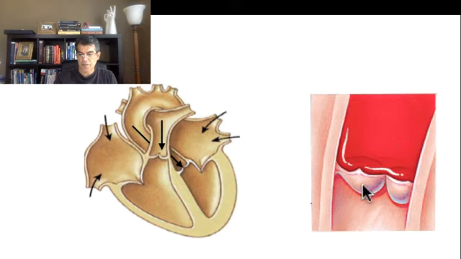Look at the shape of the cusp. Again, blood is going to close it. As you can see here in this picture, this arrow shows blood trying to come back and shut the valve and close it. Now the ventricle is under relaxation. During the time that the ventricle is relaxing, the atrium is going to start filling, and that's going to bring us to the very beginning of this cycle.